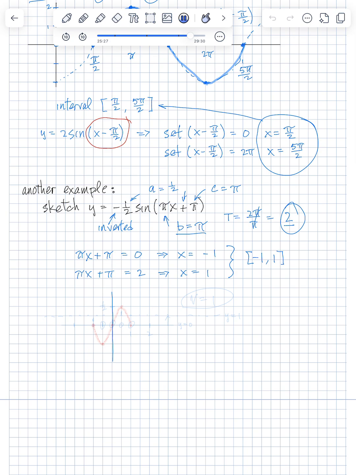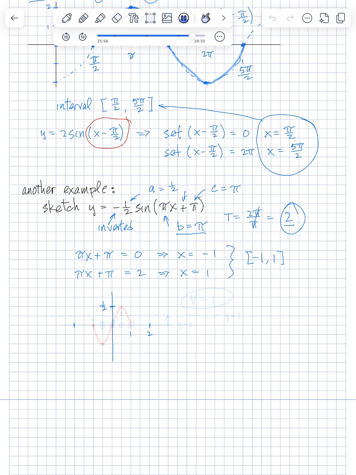So let's do 1, 2, and we can go on the other side, 1, 2. I don't know, maybe I should have made a bigger graph, oh well. And the amplitude is 1/2. Let's just call this 1/2.